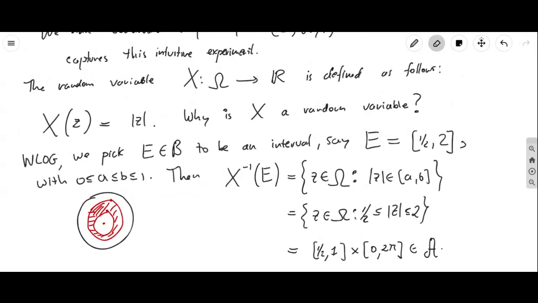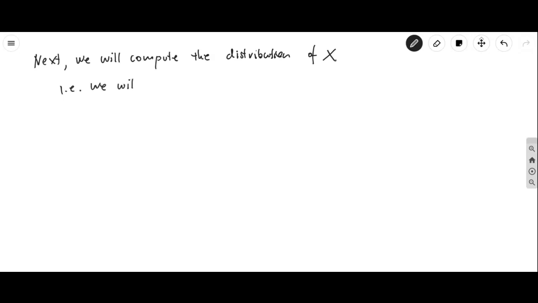And what we're going to do next is, I'm going to clear this entire board and we'll start again. So the next part of the problem, next we will compute the distribution of x, i.e. we will find the push forward, Px.